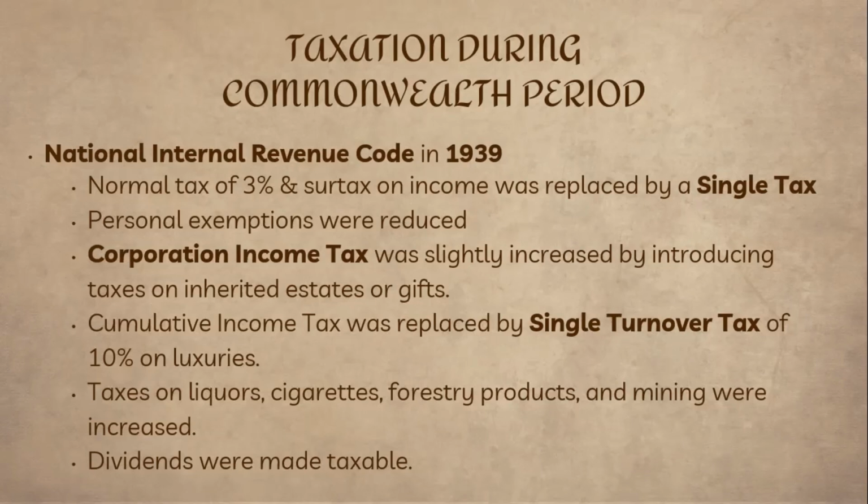And the third one is corporation income tax was slightly increased, introducing taxes on inherited estates or gifts. The fourth one is the cumulative sales tax was replaced by a single turnover tax of 10% on luxuries. And the next one is taxes on liquors, cigarettes, forestry products, and mining were also increased. And the last one is dividends were made taxable.